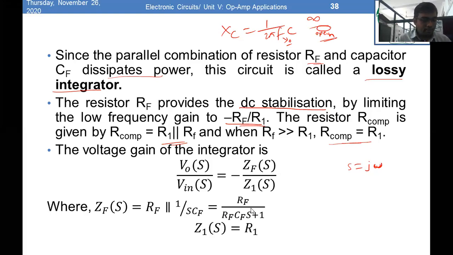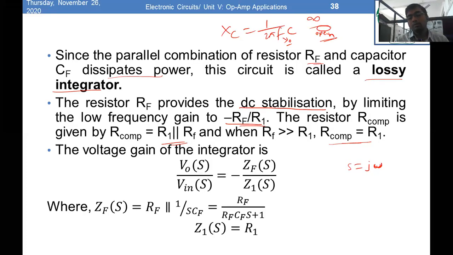On the other side, Z1 is what? R1 only. There is no other capacitor or other components. It is simply R1. Substitute the values of ZF and Z1 into the equation of voltage gain.